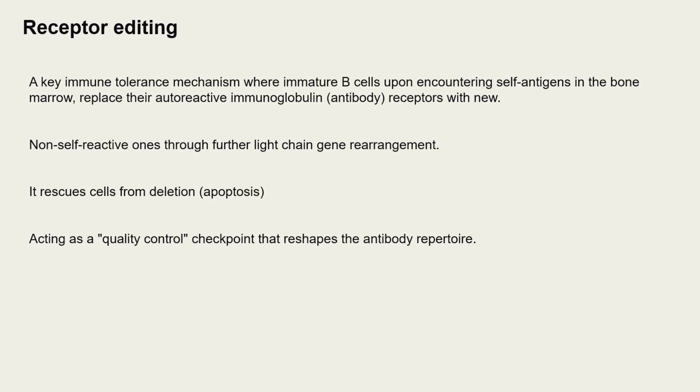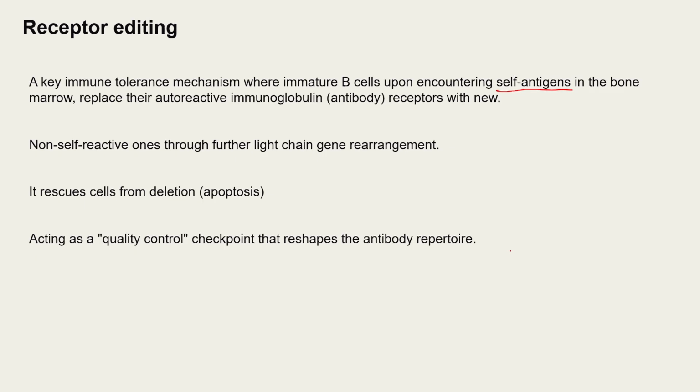So this is basically a key immune tolerance mechanism where an immature B cell, upon encountering a self antigen in the bone marrow or in the thymus, is replaced. These are especially the B cells which are encountering the self antigens, and they are replaced because of the autoreactive immunoglobulins reacting towards the self antigen.